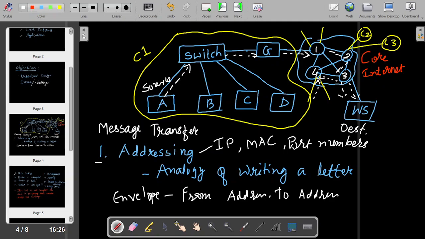And you must agree that from one source to a destination there can be multiple paths, but we always prefer the shortest path.